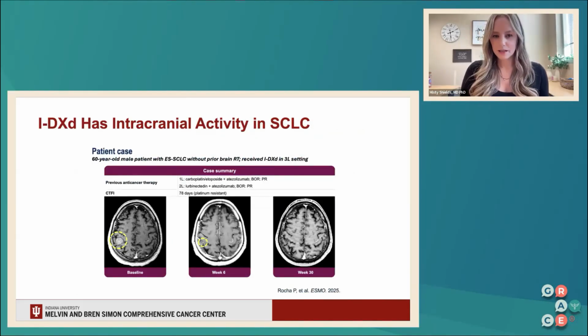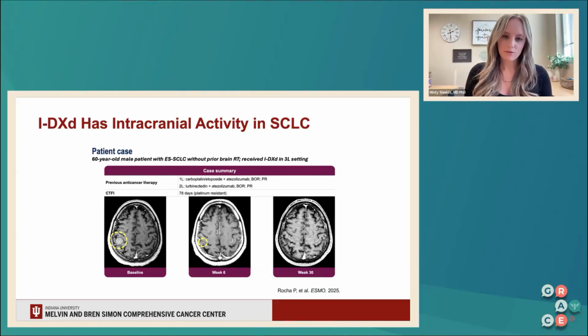One of the really exciting pieces of these antibody drug conjugates is the activity in the brain. We saw this data at ESMO, the annual European Oncology Conference, just earlier this year, showing a patient's MRI. You can see the one here on the baseline on the left. At 6 weeks, dramatic shrinkage, and at 30 weeks, that was maintained.